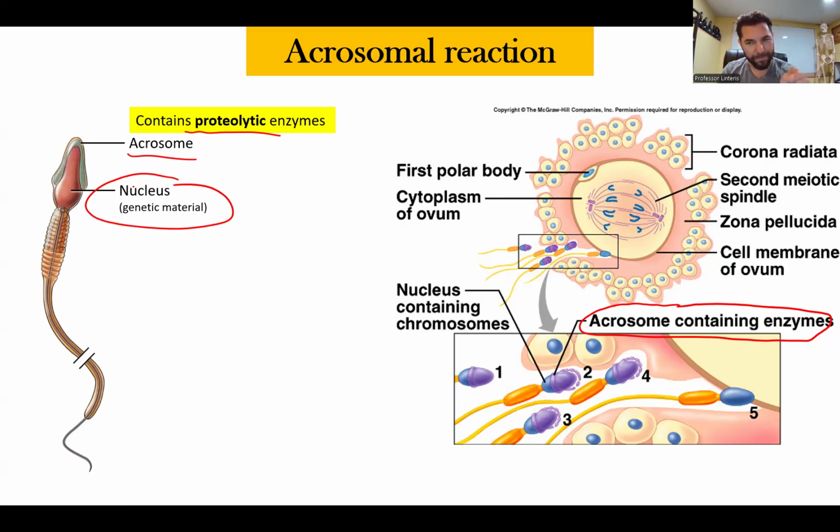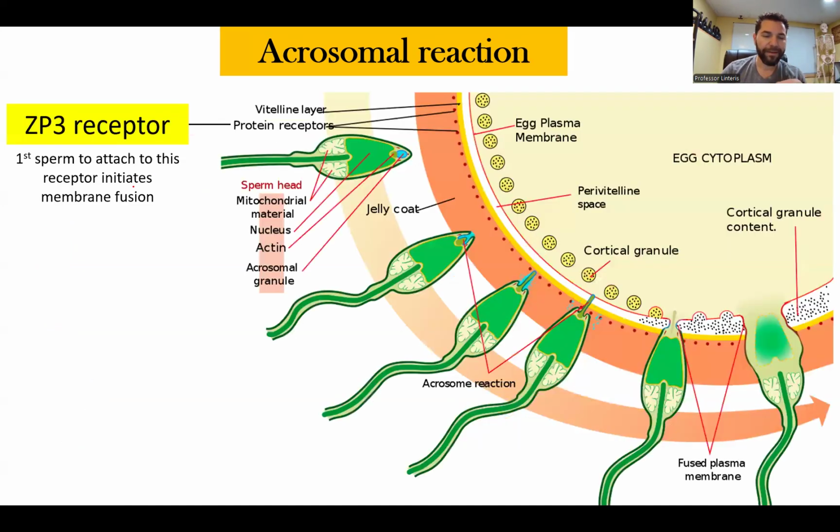And recall, this sperm is a gamete, so it is haploid. It has 23 chromosomes. So the first sperm to attach: there's a receptor called the ZP3 receptor. It looks like these dots. The next picture will show you something slightly different. As that sperm digs through, it binds to this receptor, right?